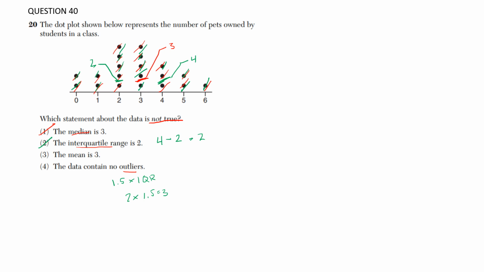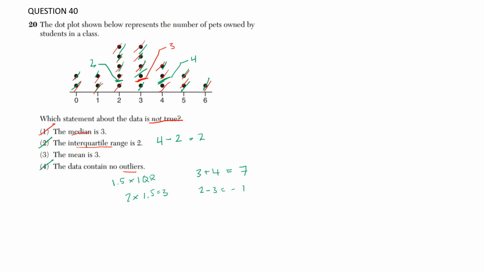And if we add that to 4, 3 plus 4, this is the third quartile, you get 7. Everything looks like it's within that. And then we can subtract that from 2 as well. 2 minus 3 equals -1. So we know that all the data values lie in between 7 and -1. So the data does not contain outliers, which is correct.